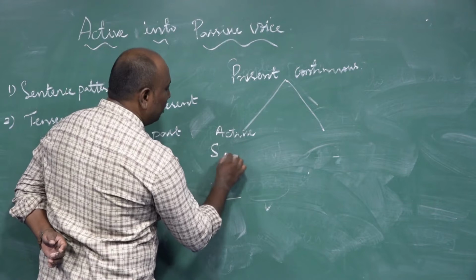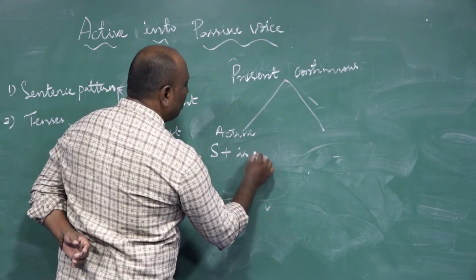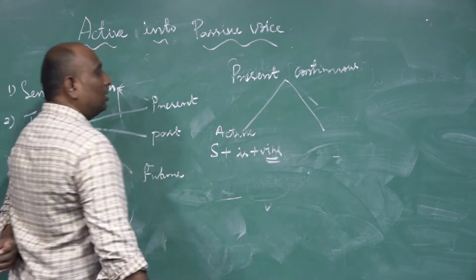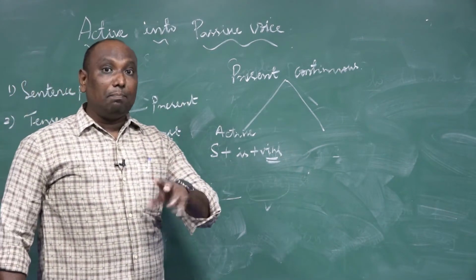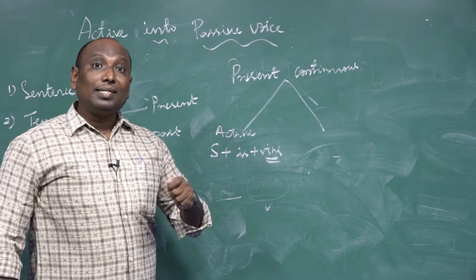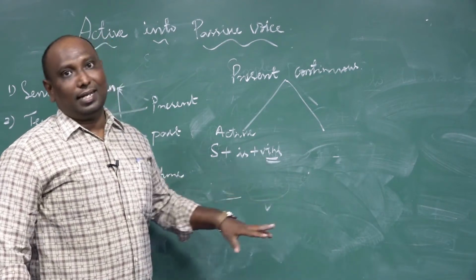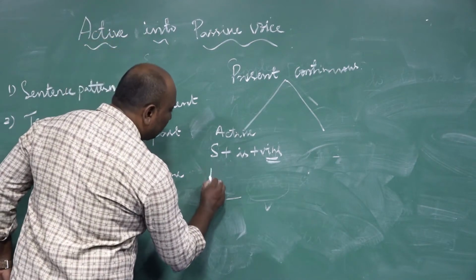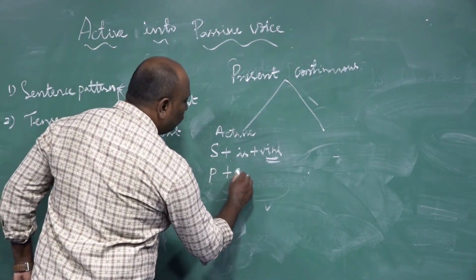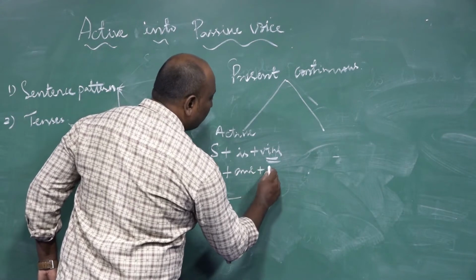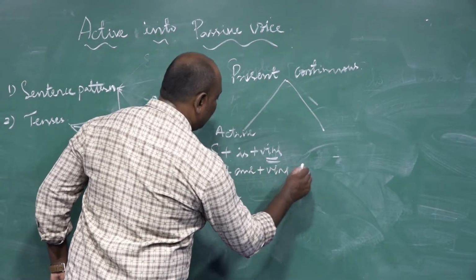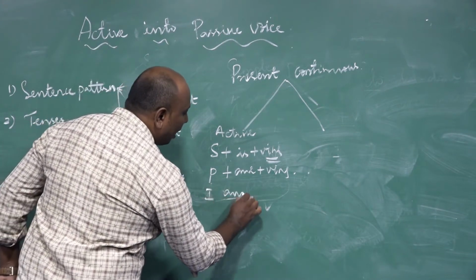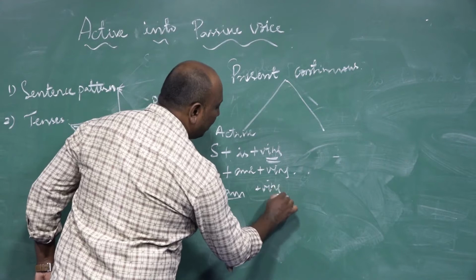For a singular subject, we require the auxiliary "is" and we have to use verb plus ing. Verb plus ing we call a present participle, or a gerund. When the subject is plural, we have to use are plus verb plus ing. When the subject is I, we have to use am plus verb plus ing.